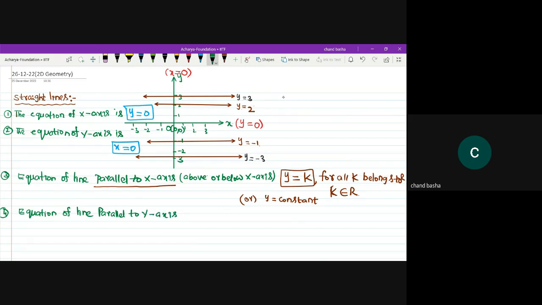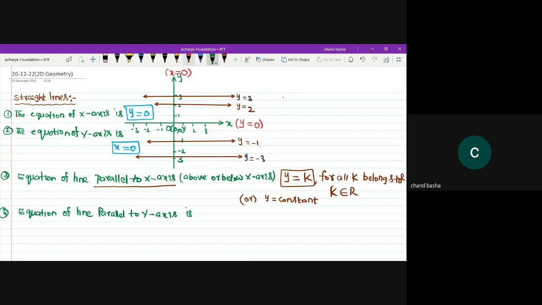What can we write? Either to the left or right of the y-axis. Above or below the x-axis, left or right of the y-axis, is what we can write.